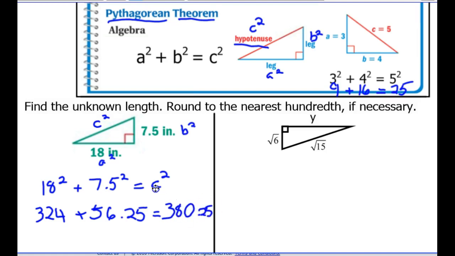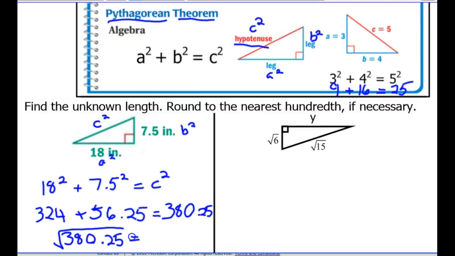Now if we wanted to find what just c was, we would take this 380.25 and find the square root of it. Finding the square root of 380.25 is again something you need to put in your calculator.